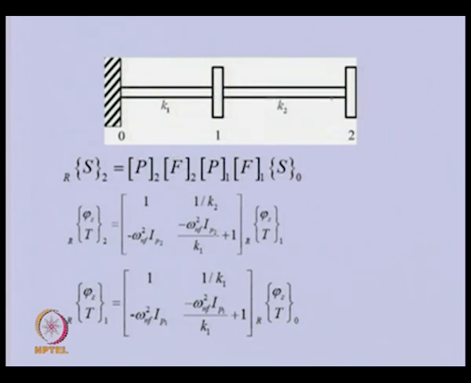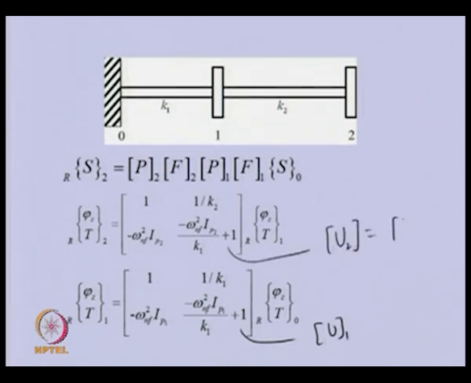In this particular case, if we want to get the state vector for right of 2, that means here, and right of 1, for that we know this is the U matrix, which is the multiplication of P and F. Similarly, from station 0, if we want the right of 1 state vector here, we need another transfer matrix corresponding to 1, and this is U2.